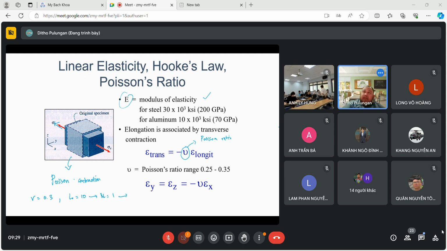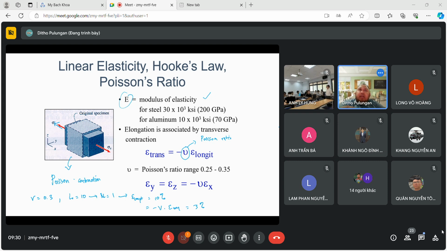What is the longitudinal strain? Delta L divided by L0. This is 10%. If nu is 0.3, what is the shrinkage in the other direction? The shrinkage is minus nu times the longitudinal strain, which is 3%.